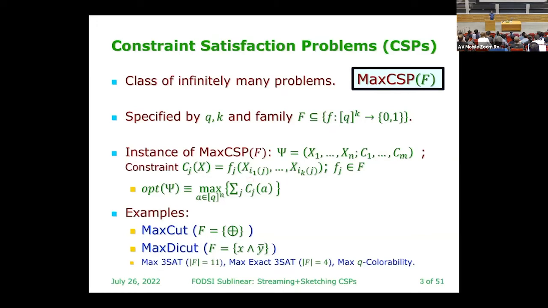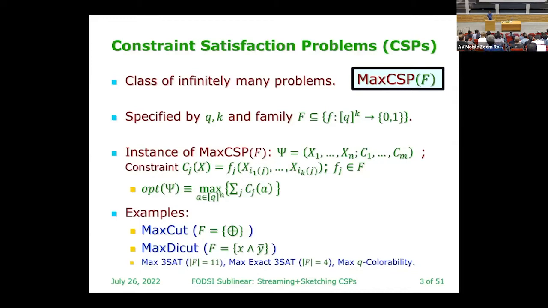Distinct makes our problems richer, but those of you who know the distinction between distinct and non-distinct and its relevance to CSPs will know that this actually makes CSPs only stronger. So you get to pick k distinct variables, apply your constraint to them, and you do this m times. Pick a function, pick a sequence of k distinct variables, apply the function to this set, that's constraint number 1. And repeat this, constraint number 2, and so on.